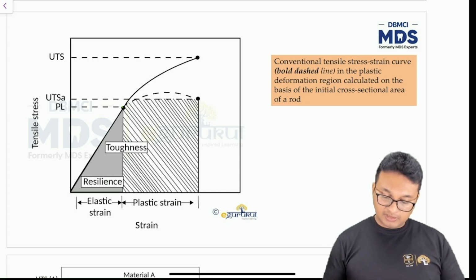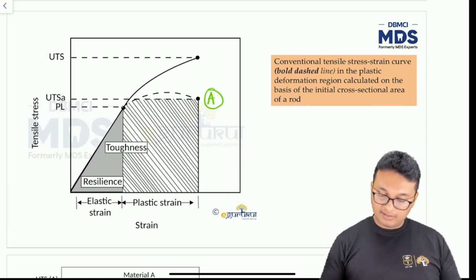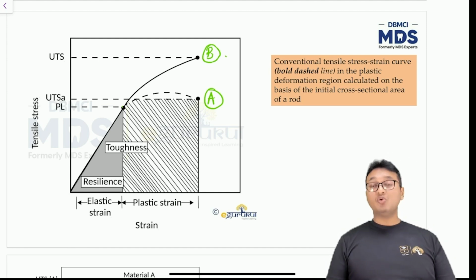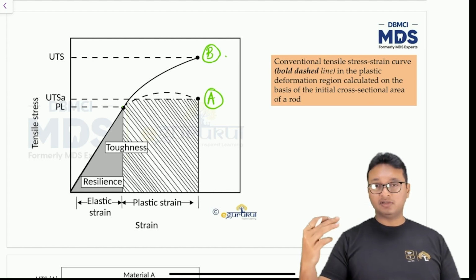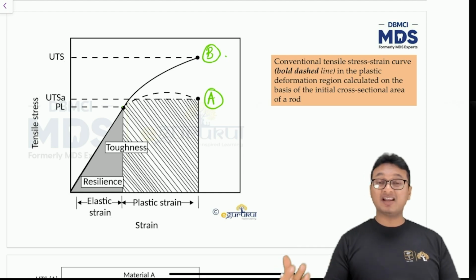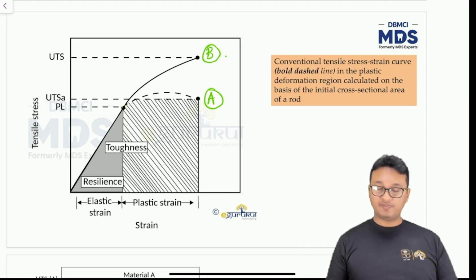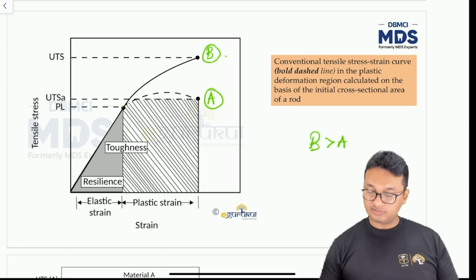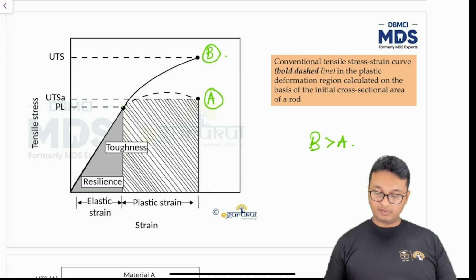Now this is a proportional limit, ultimate tensile strength of substance A and ultimate tensile strength of substance B. Which material do you think is able to withstand more forces before fracturing? So that is obviously substance B, it is stronger than substance A. All right.